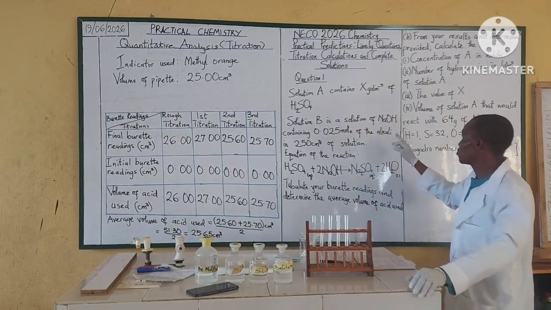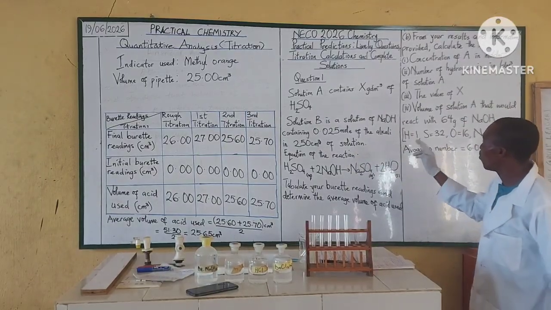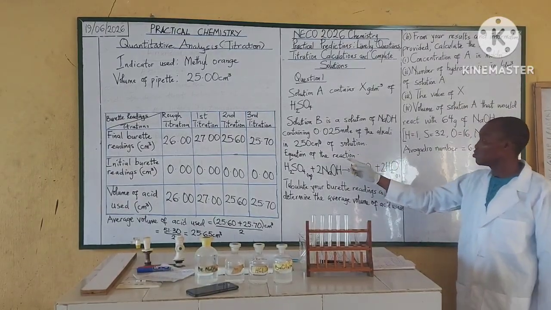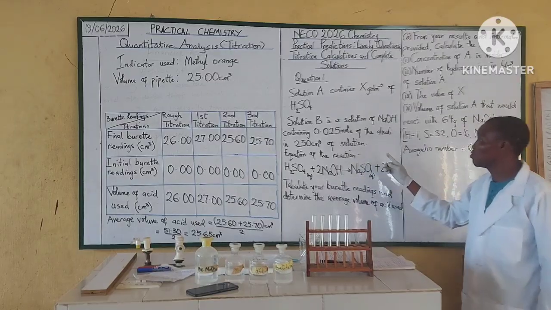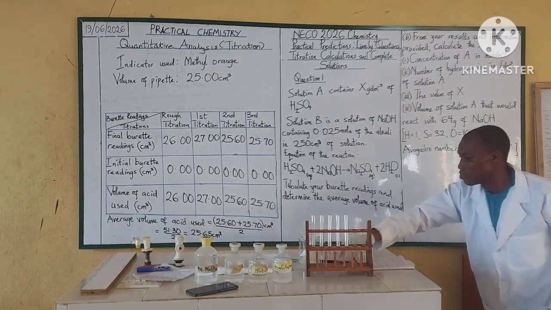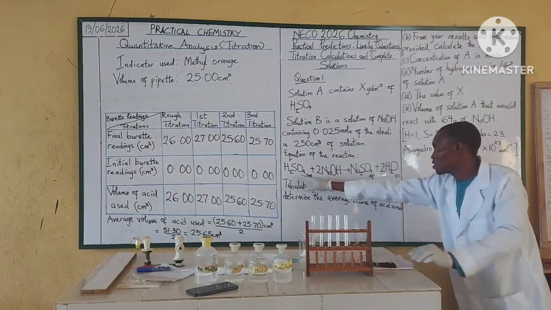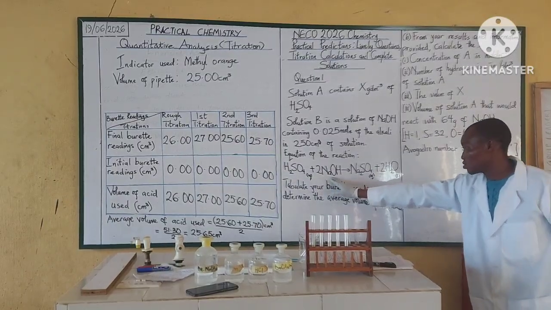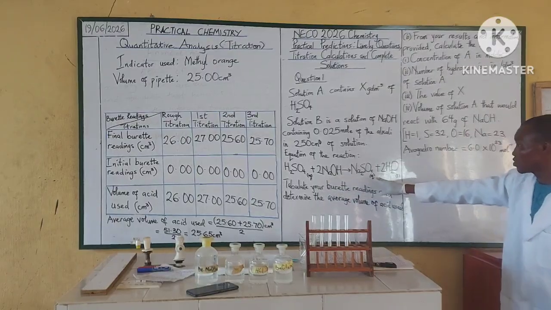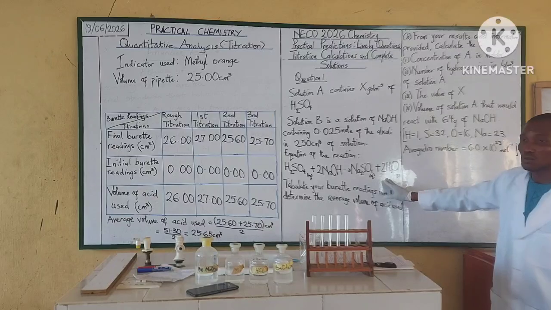Solution B is a solution of sodium hydroxide containing 0.025 mole of the alkali in 250 cm3 of solution. Then we have the equation of reaction here: tetraoxosulfate VI acid reacting with sodium hydroxide to give us sodium tetraoxosulfate VI and water.